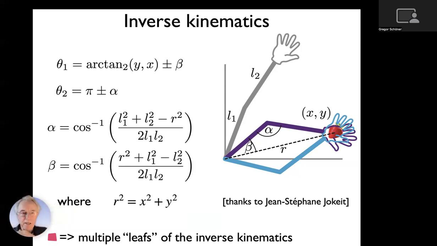If you say, I know the cosine of an angle, then there are two angles that realize that cosine. And same for sines. And therefore, for instance, for this problem of putting the arm here, there could be two solutions, like this one and the bottom one.